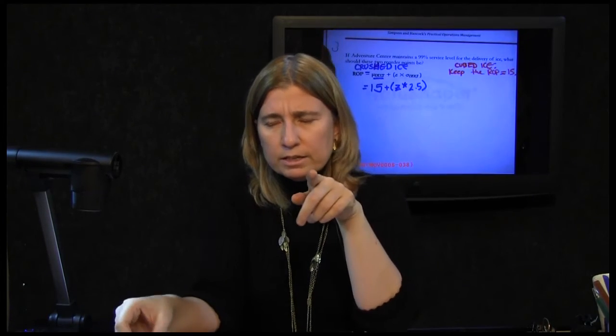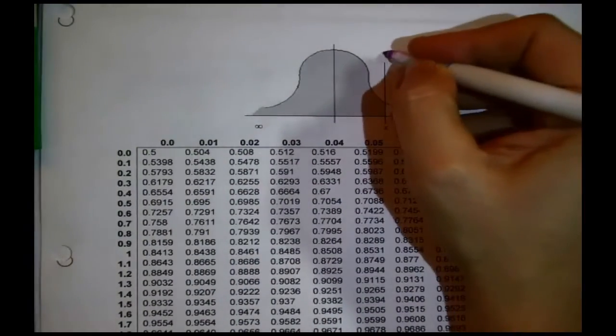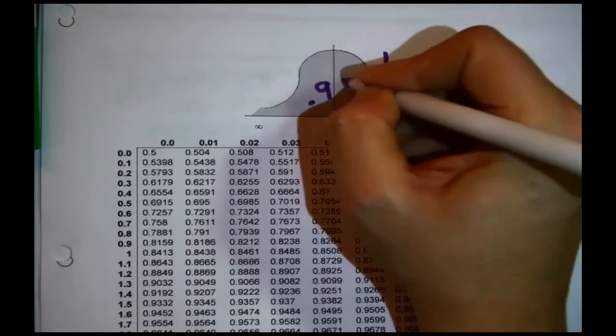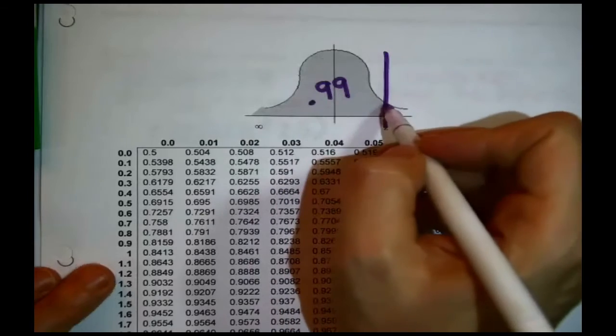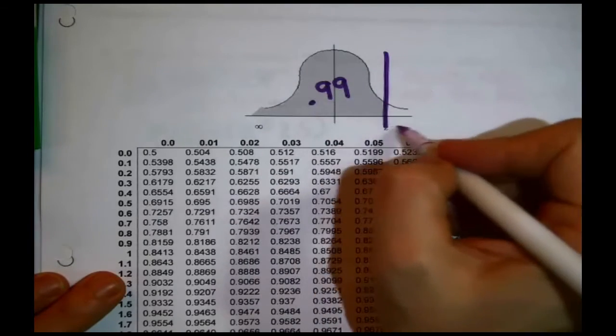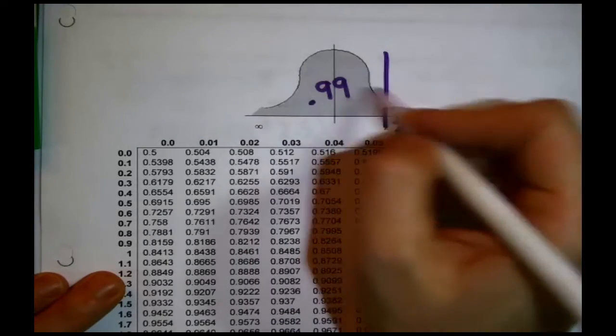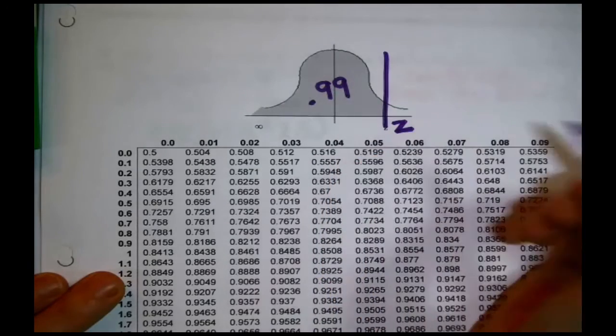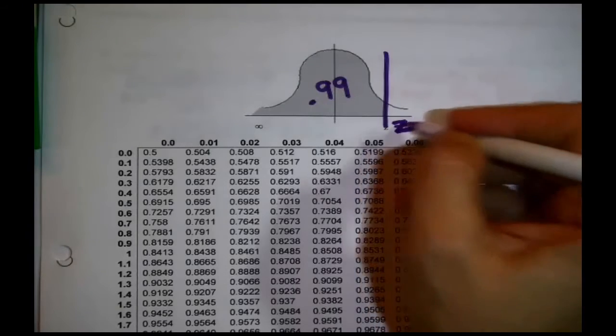That z-value should cut the curve such that 0.99, 99% of it is to the left at the point that we cut it. And now I'm drawing on a picture of the standard normal curve. We're asking the question, there it is, z.